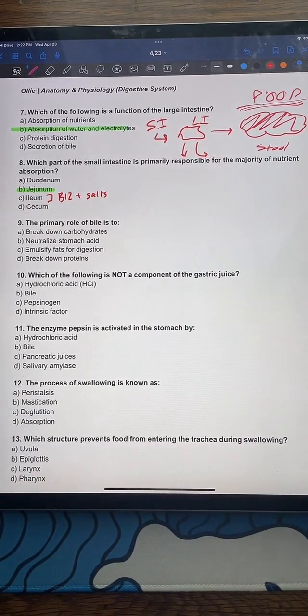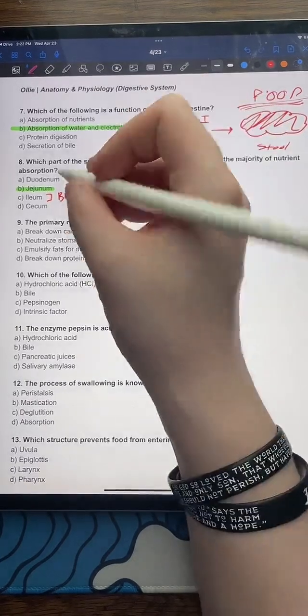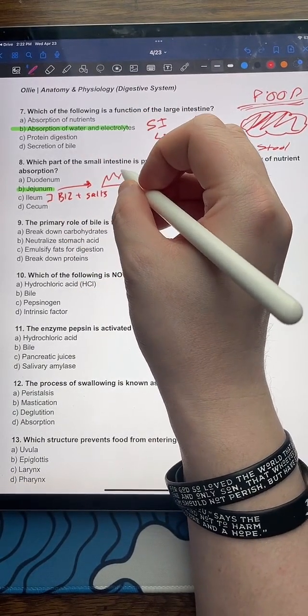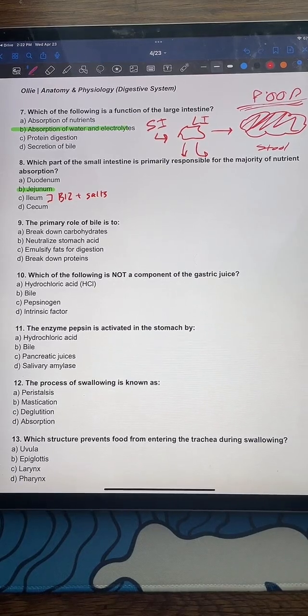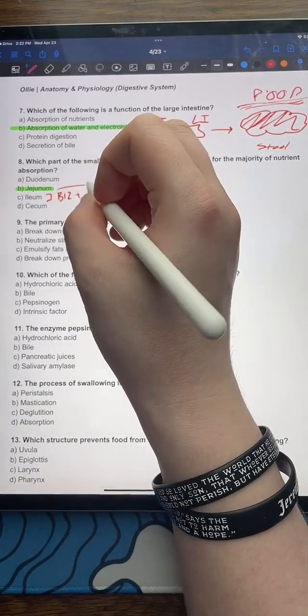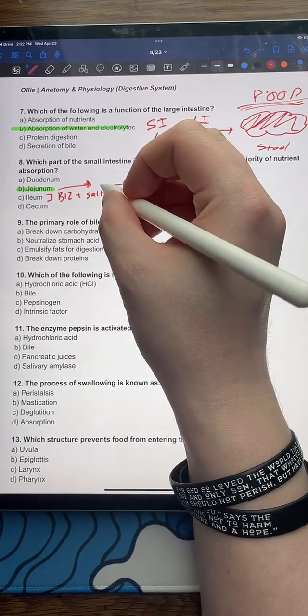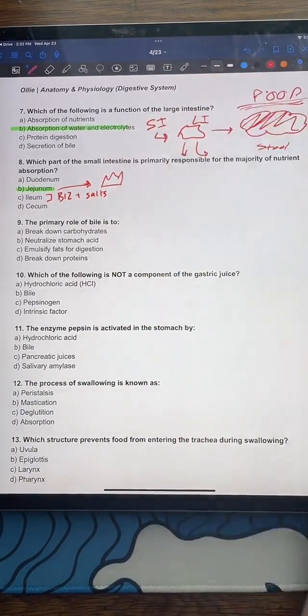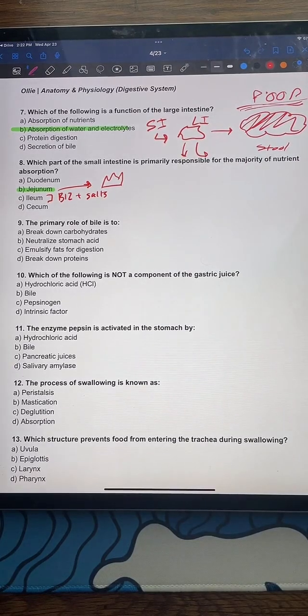The jejunum and the ileum are where essentially most of it occurs, but the jejunum takes the crown. This is my crappy crown. And then the cecum, that's the part of the large intestine, not the small intestine.